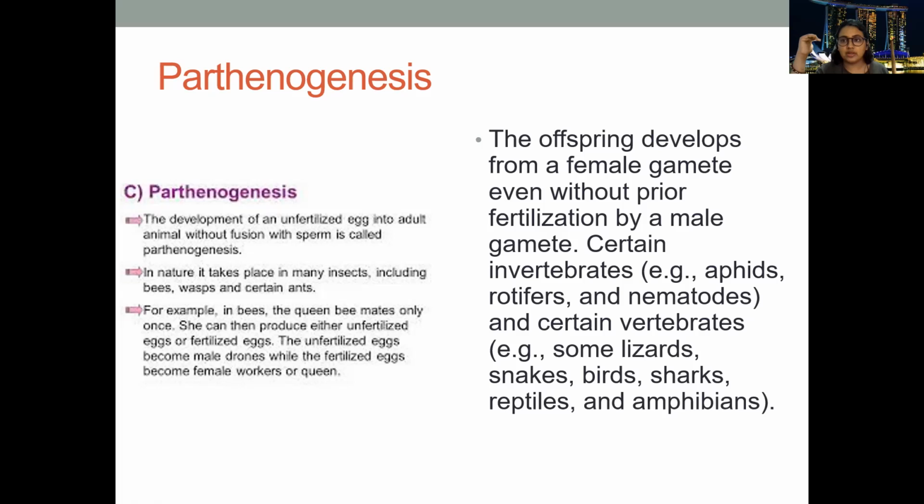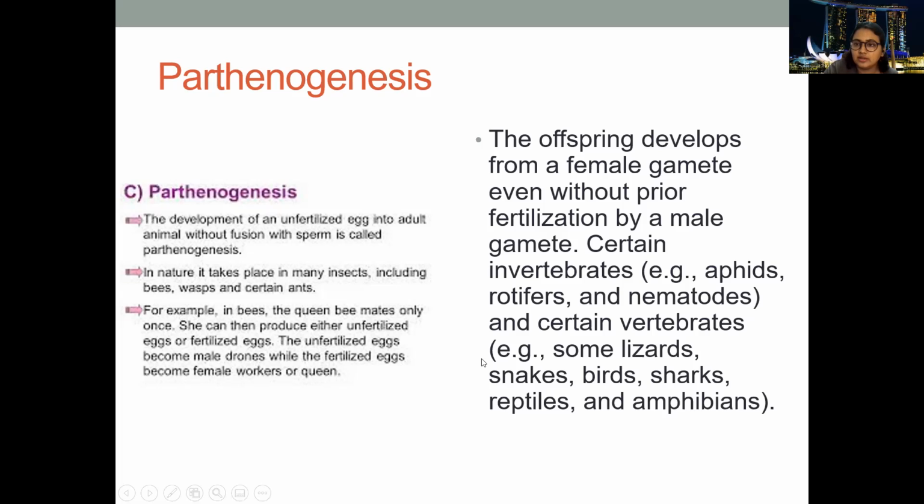In bee society there are particular categories: the queen, drones, and worker bees. So drones develop from the unfertilized egg, and the fertilized egg gives rise to the female queen and female workers. Very important, this one.